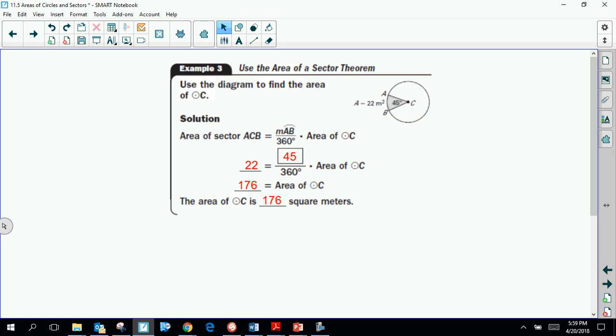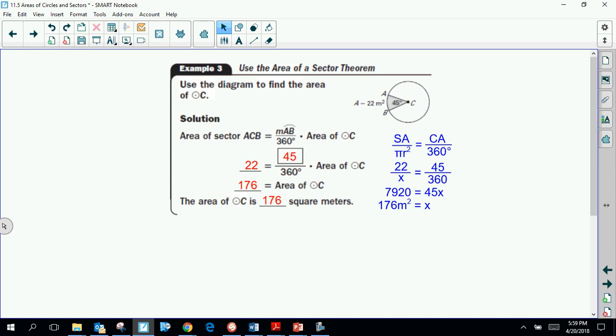So taking the information that we have, they give us a ratio of 45 degrees to 360, but they're not really showing us how we're getting the area of 176. They're not showing that we either divide by the fraction or we multiply by the reciprocal of the fraction, and we could even simplify the fraction.